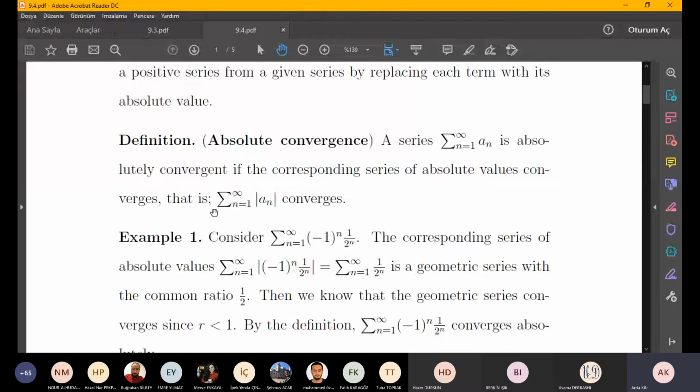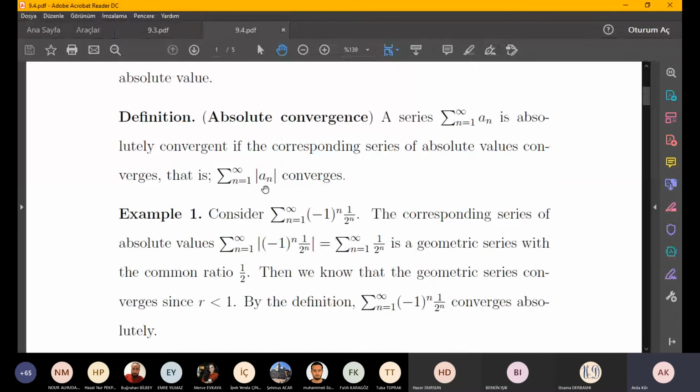Which means if the sum of the absolute value of a_n converges, you say your series of a_n is absolutely convergent.